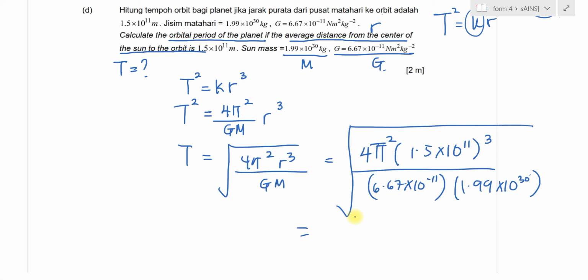I get... Oh, I cubed it. It is supposed to be square root. You must square root. 4 times pi squared times 1.5 power 11 cubed, divided by 6.67 power negative 11, times 1.99 power 30.